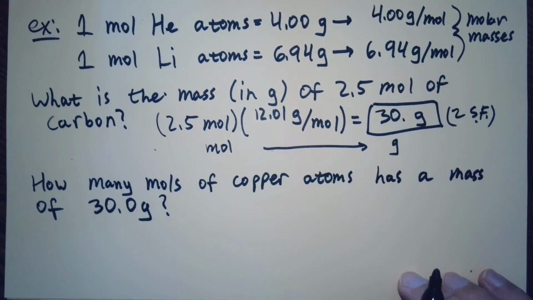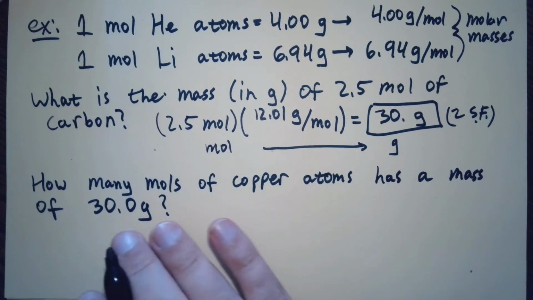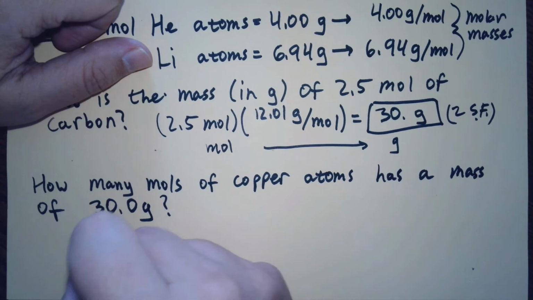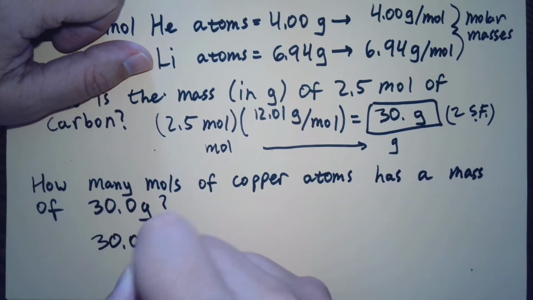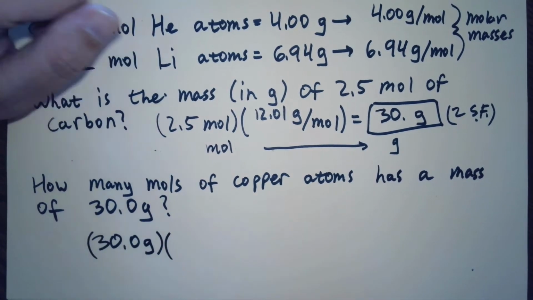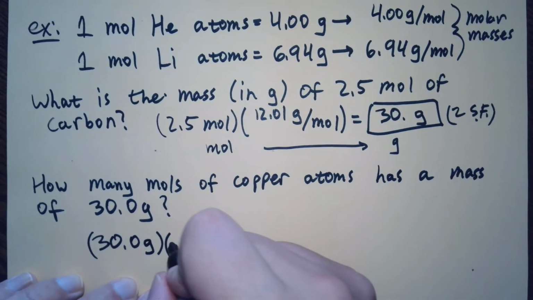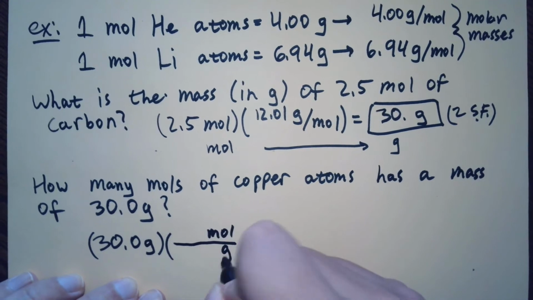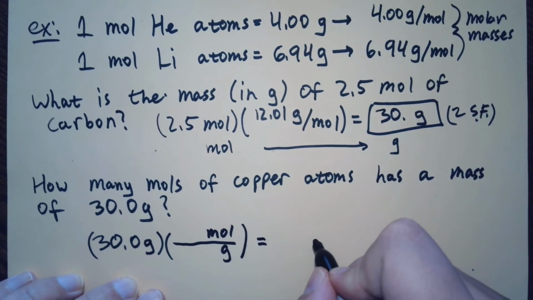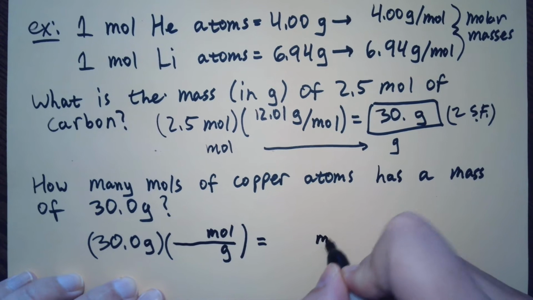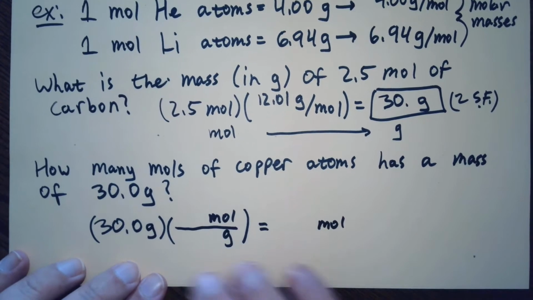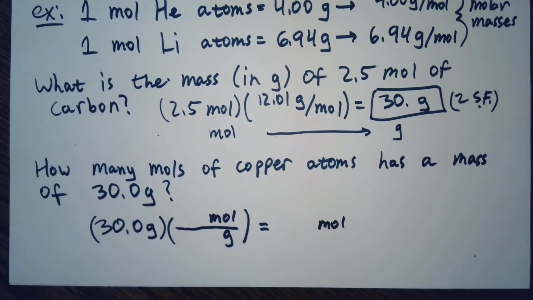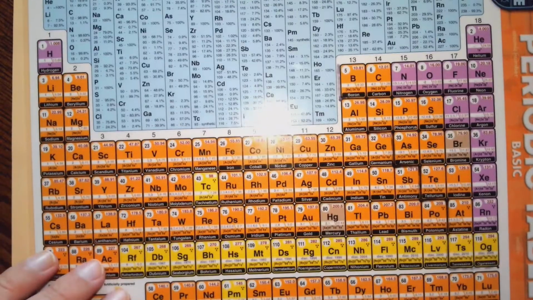Okay. Well, what do we know here? We got 30.0 grams. And I'm going to need to go moles over grams here. And that'll get me some number of moles. That's where I want to end up. So how do I know what to put in the parentheses here? Well, boom, periodic table, get copper.